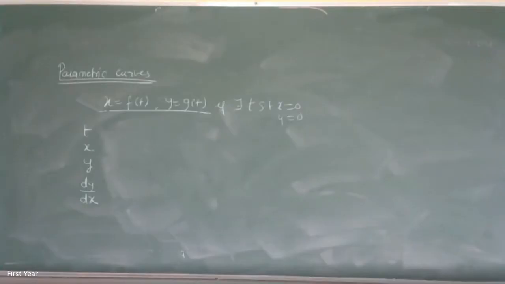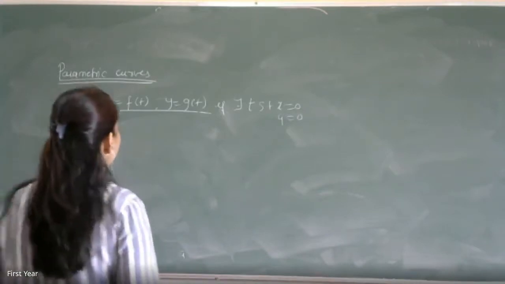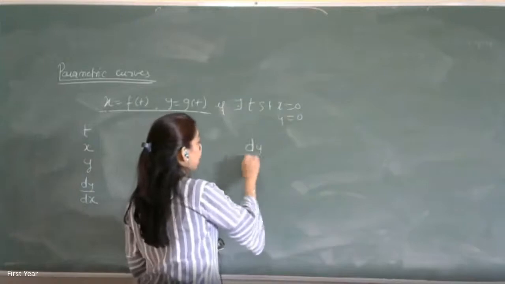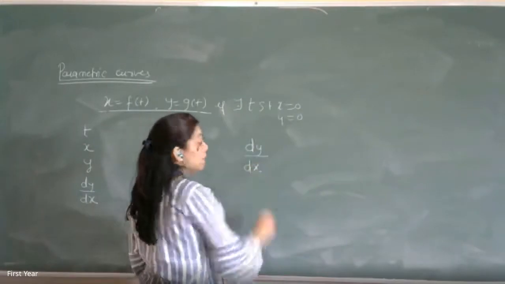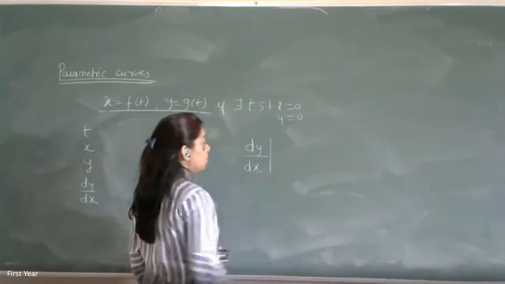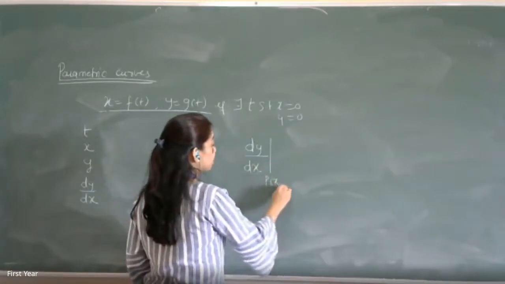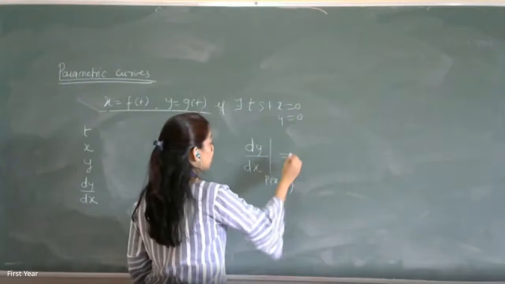Next thing is tangents. So for tangents, we are going to use dy by dx. So write down, to find tangent parallel to x-axis or y-axis, we use the condition dy by dx at the point (x1, y1).